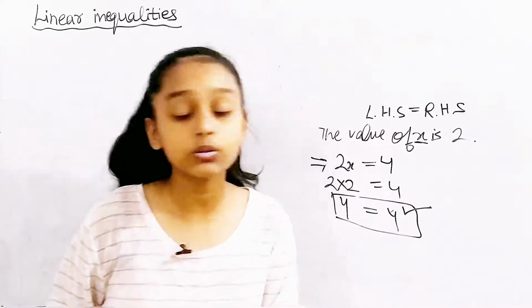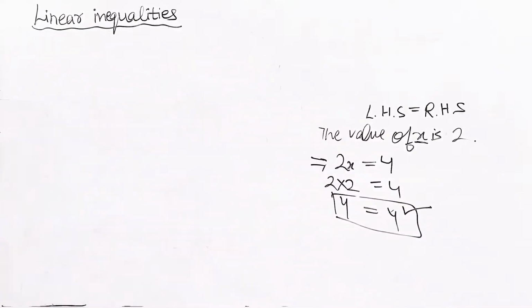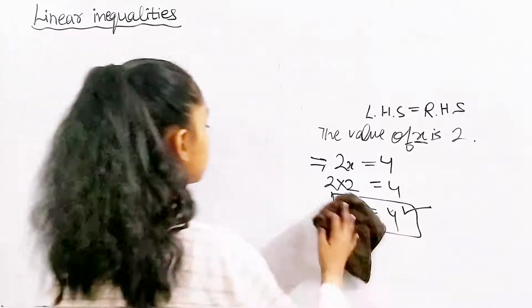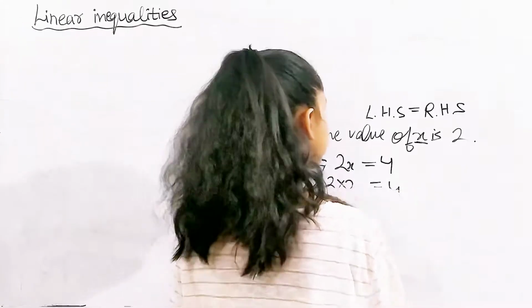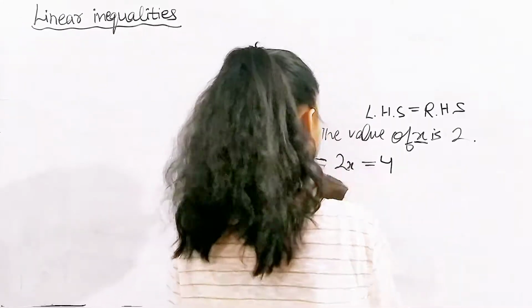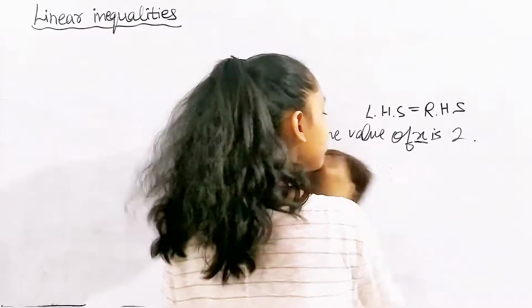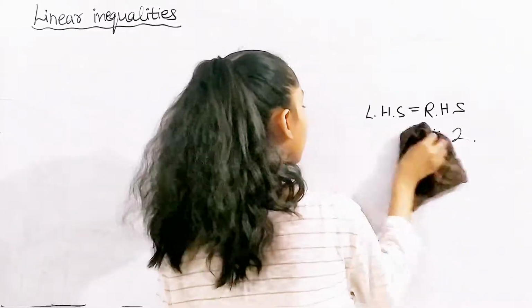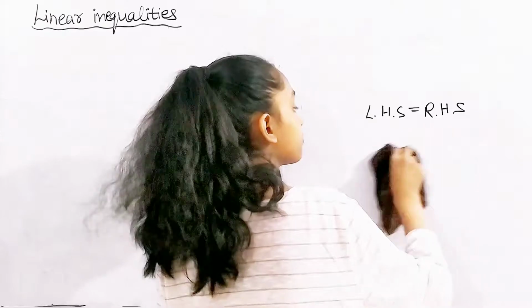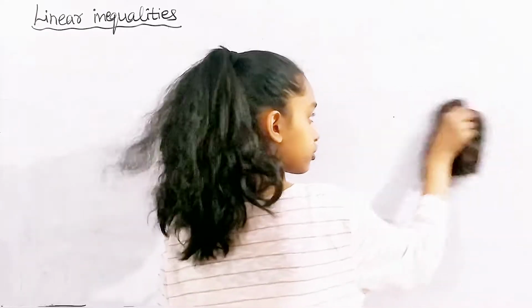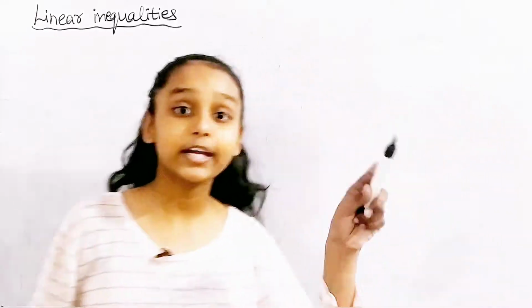What I told you in the last video was that in linear inequalities, some other symbols are used except this equal to sign, as those expressions are not equal. So they're inequalities, and linear. Got it?